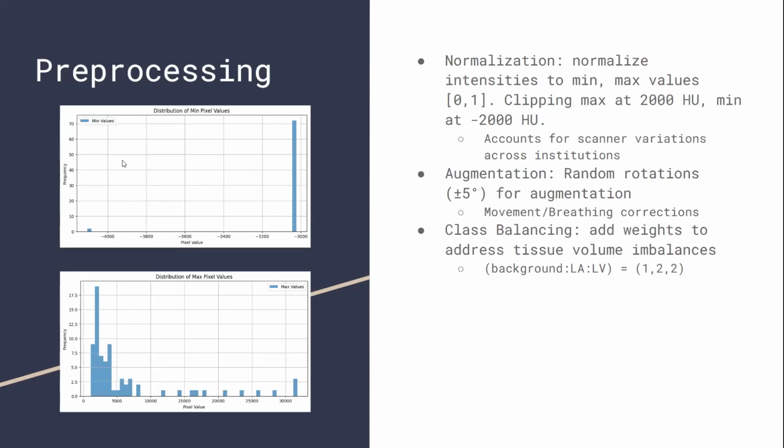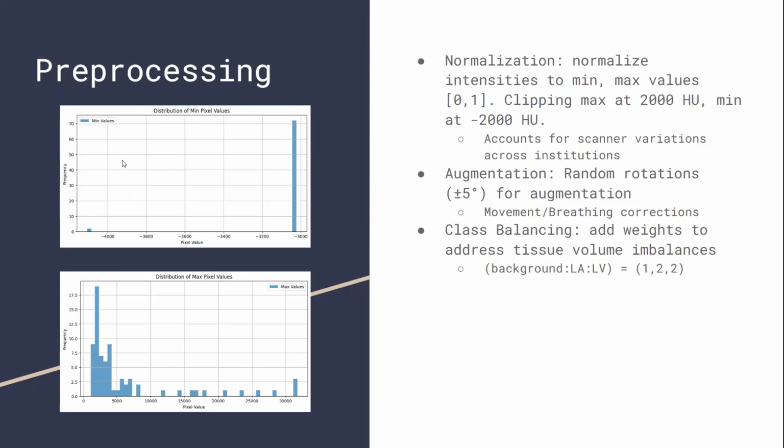So also we decided to normalize the intensities, as we found that a lot of the current models normalize them as well as we looked through papers and such. So we decided to use min-max values. There are other papers that normalize using z-score values, but we found that min-max values were better for our model, and we decided to put these at 2,000 Hounsfield units and a minimum of negative 2,000 Hounsfield units.